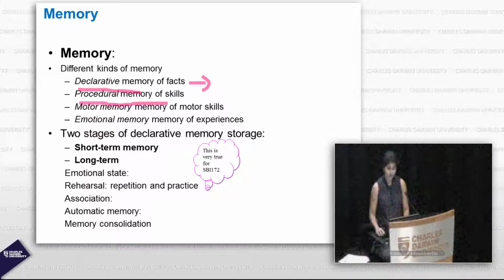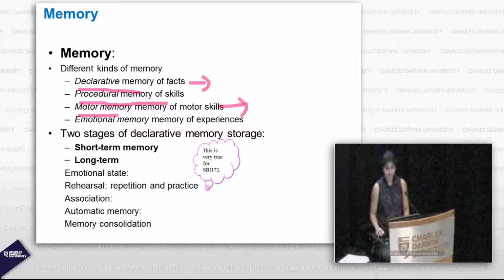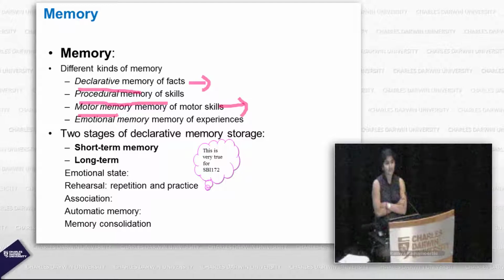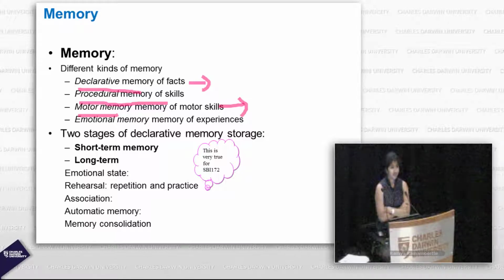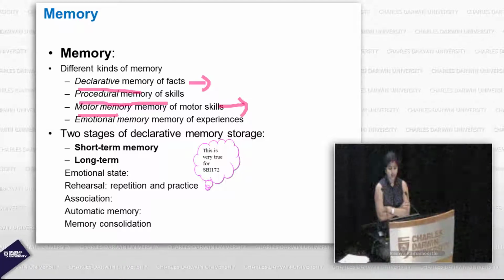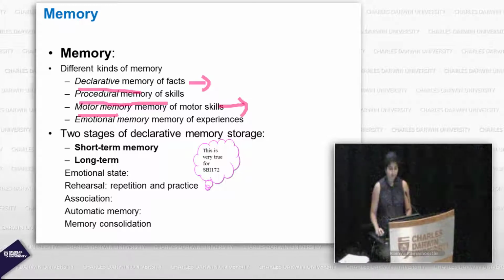What do you think this one is involved with? Can you name any one skill that will control the motor memory skills? Motor skills? Coordination? Yep. Your driving skills can be related to this? Yes, all that come under motor memory skills, that's right. So your emotional memory is a different set of skills.